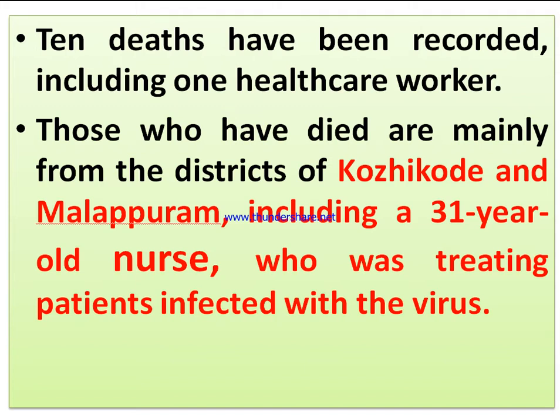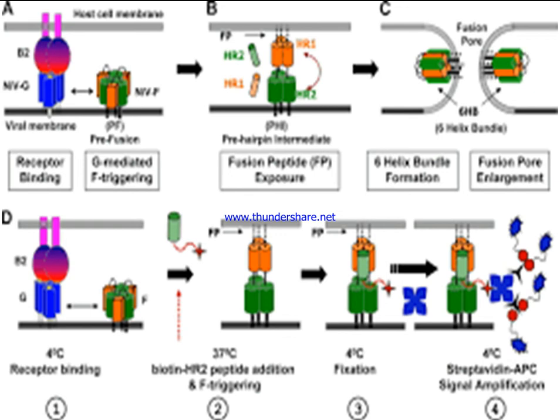Those who died were mainly from the districts of Kozhikode and Malappuram, including a 31 year old nurse who was treating patients infected with the virus. So be careful, Nipah virus is going on, but prevention is there, with intensive care support and all those things.